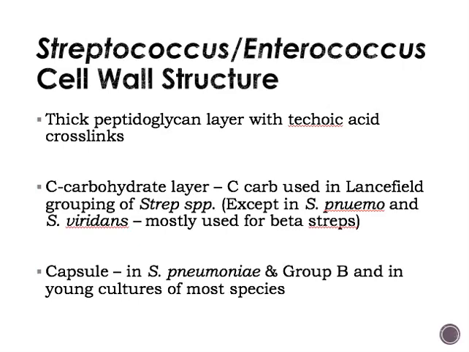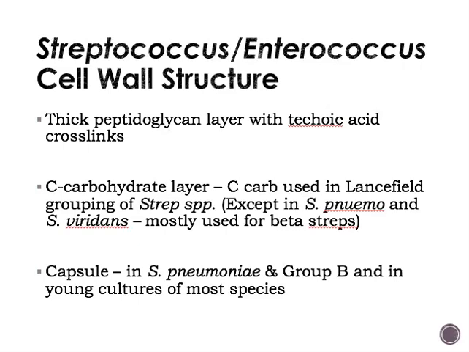They also have what's called a C carbohydrate layer, which is a polysaccharide or a type of carbohydrate present in most of the strep species except for the viridans group of streps, which we'll talk about shortly. And this is mostly used for classification of the beta hemolytic streps by serotyping.